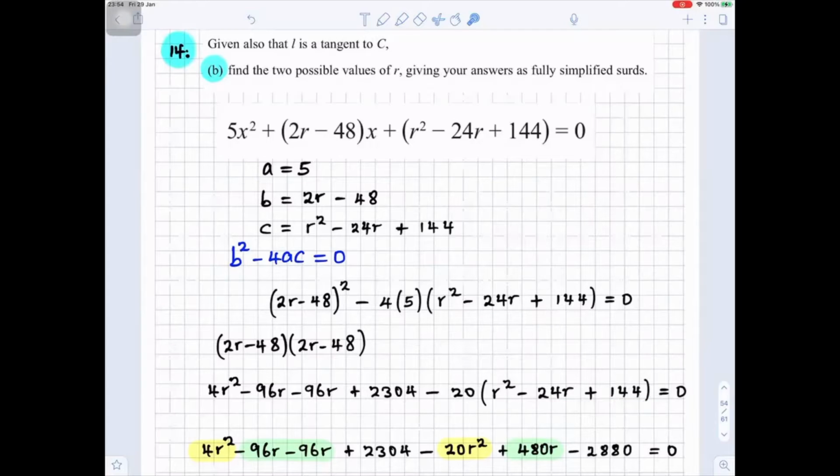So we put 4r squared and minus 20r squared. 4 minus 20 is minus 16, because when you remove the bracket, that will be minus 20r squared. Minus 20 times 24 would be plus 480r, and minus 20 times 144 would be minus 2880.